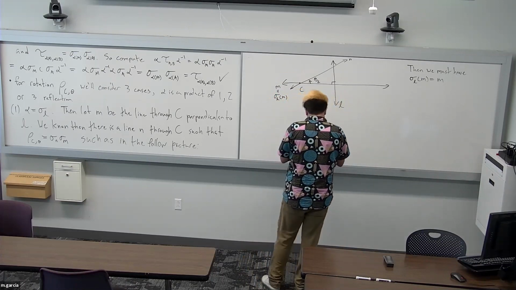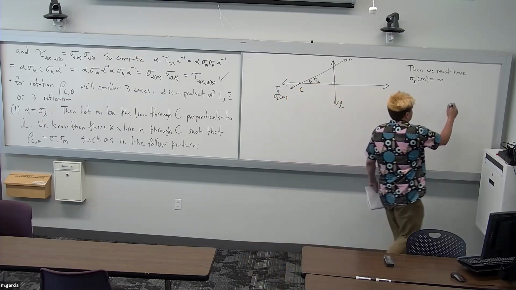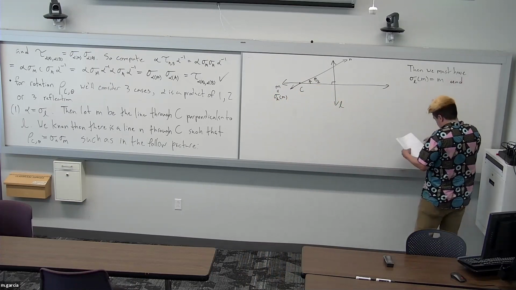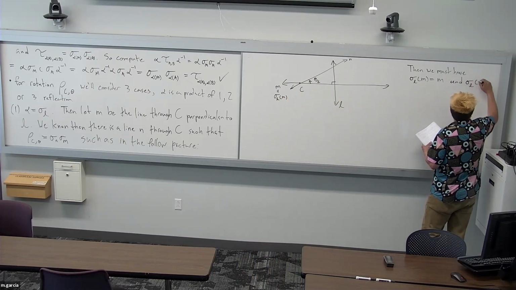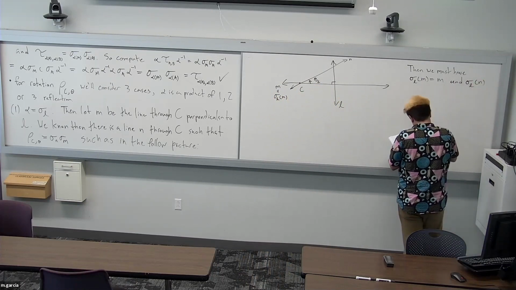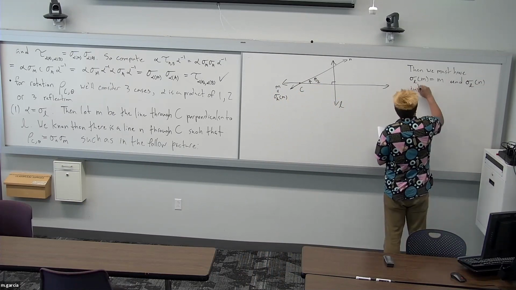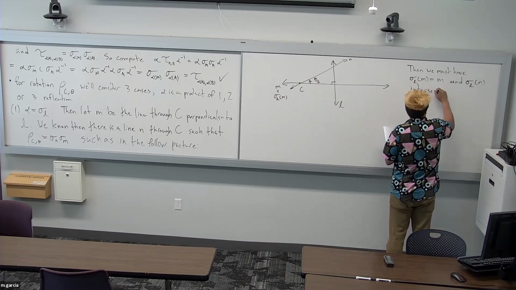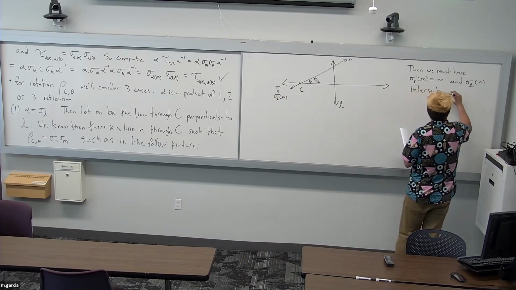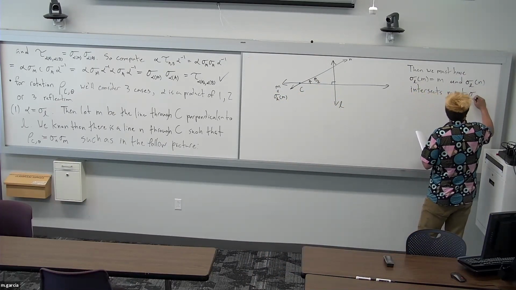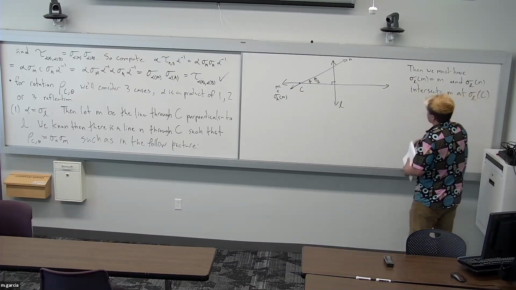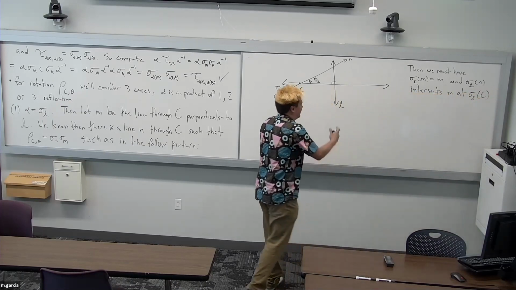So, furthermore, sigma sub L of N intersects M at sigma sub L of C. So let me add this to our diagram.